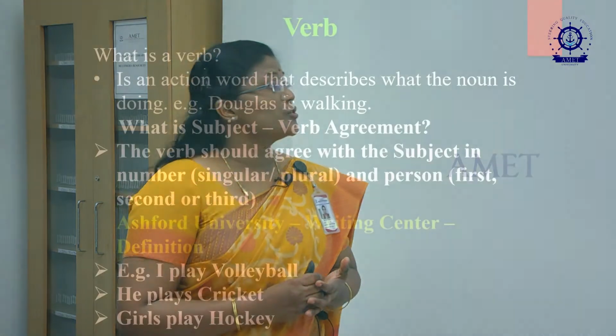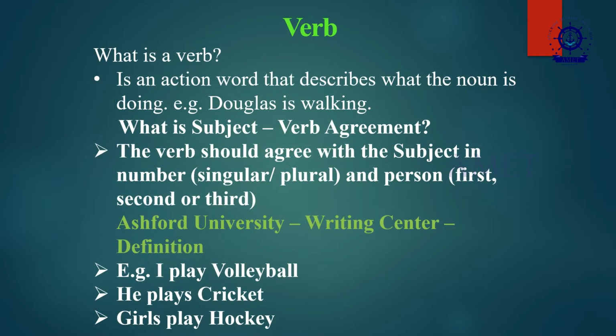So what is this subject-verb agreement? The verb should agree with the subject in number, whether singular or plural, and person, whether first person, second person or third person. The verb agreeing with the subject in number and person is called subject-verb agreement.